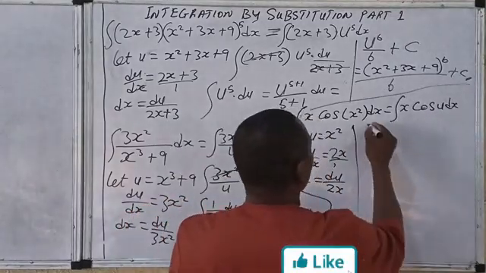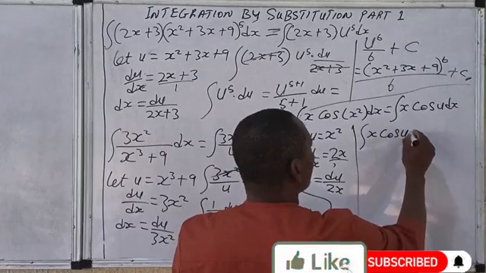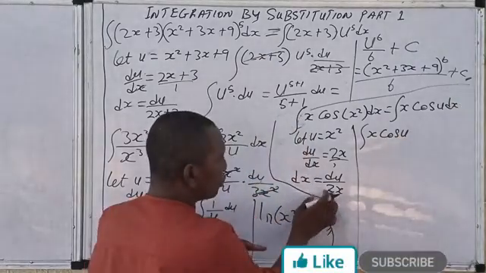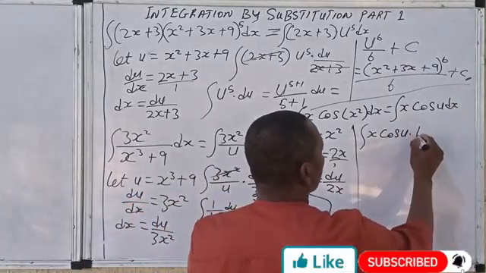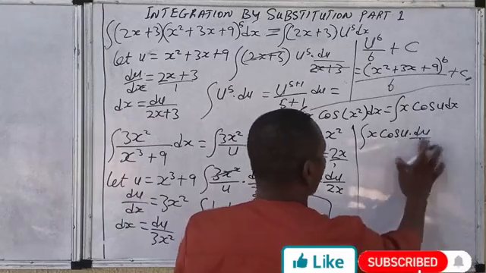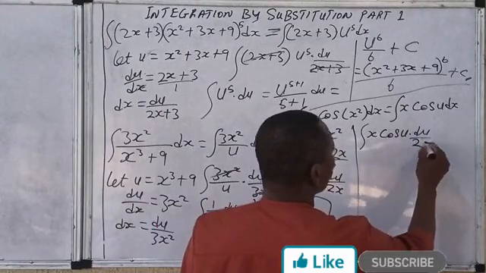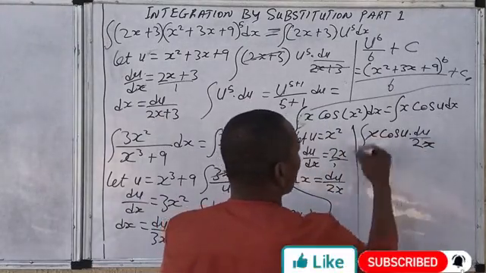So we can rewrite this as the integral of x cos u. In place of dx, what will you put? You put this, du all over 2x. So this x will cancel out this x.